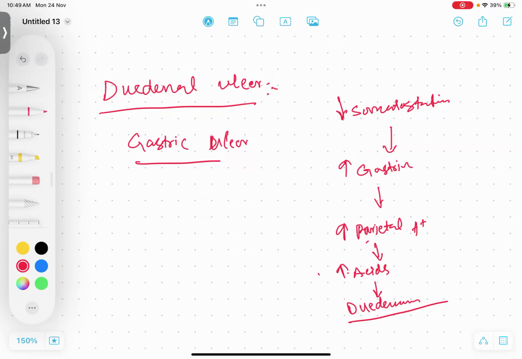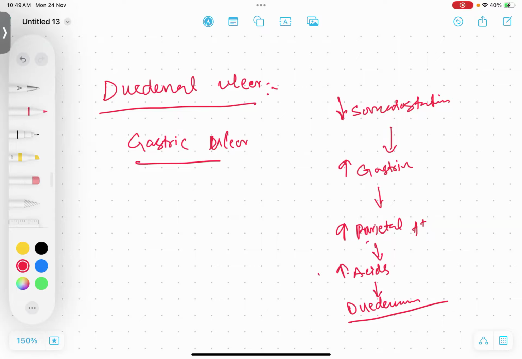And then it will cause chronic inflammation leading to gastritis, and will also directly damage these gastric parietal cells, which are found in the gastric body, right?